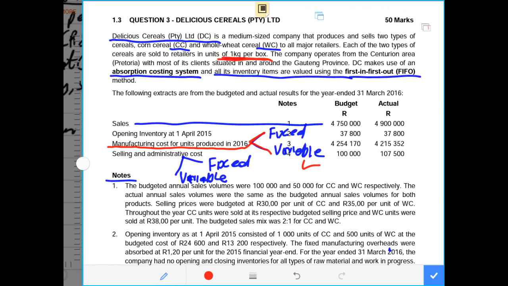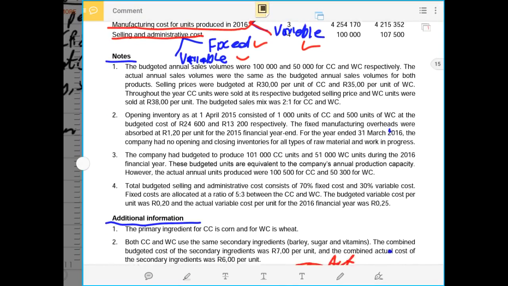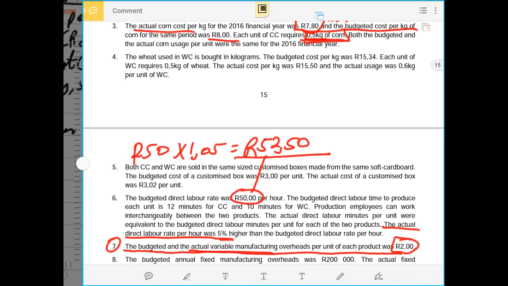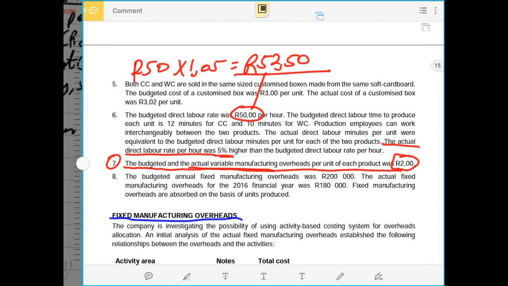When it comes to selling and administration, we have already dealt with this. So now they are giving us only the variable manufacturing overheads, which is 2 rand per unit, and the actual was the same as the budgeted.